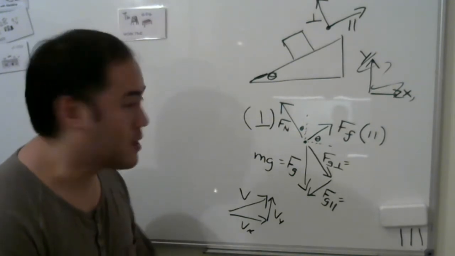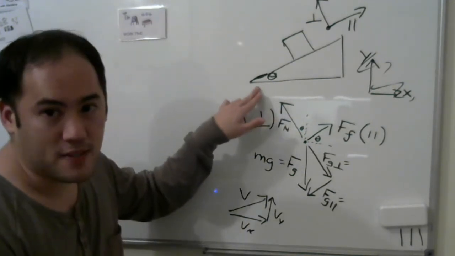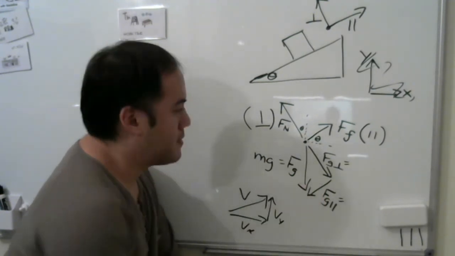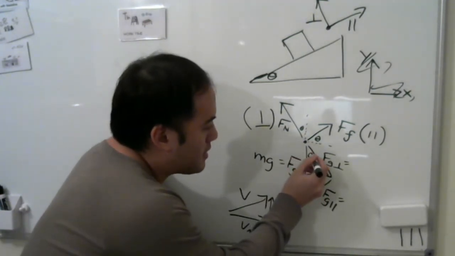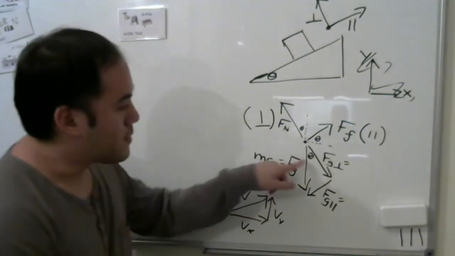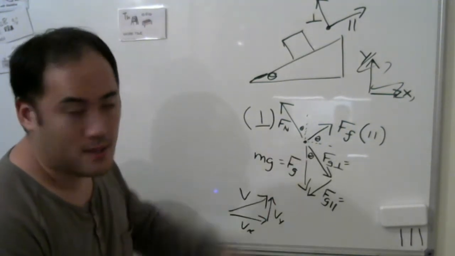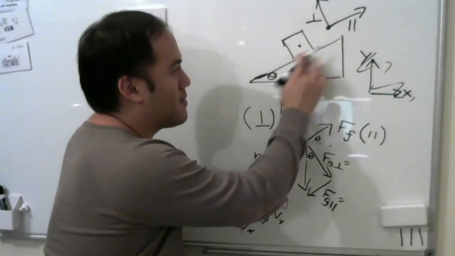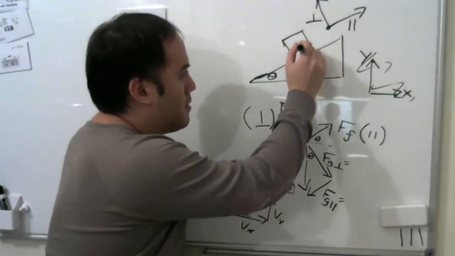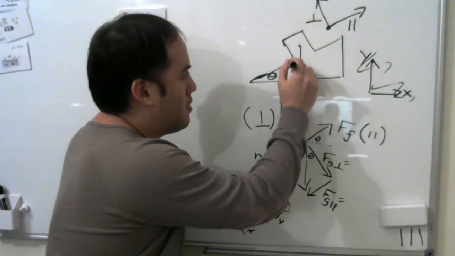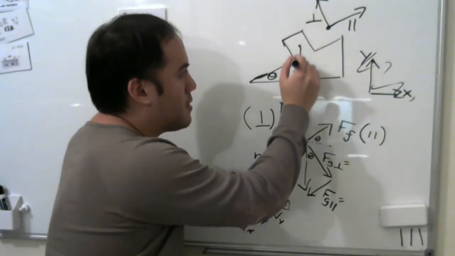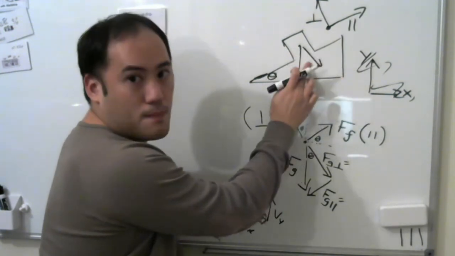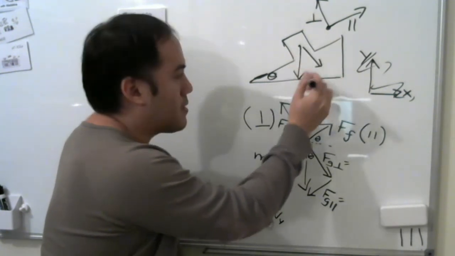A lot of people will look at the picture and say, the angle in the bottom left is theta, so this is theta. It's not theta. This is theta. You can probably tell based on this picture, but I'll draw it up here. This is FG. This is perpendicular.